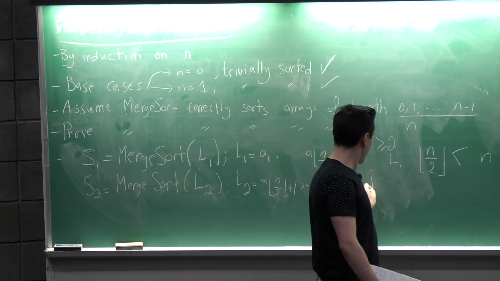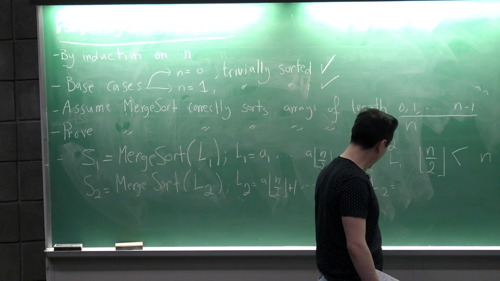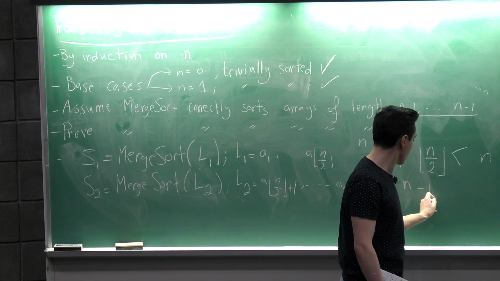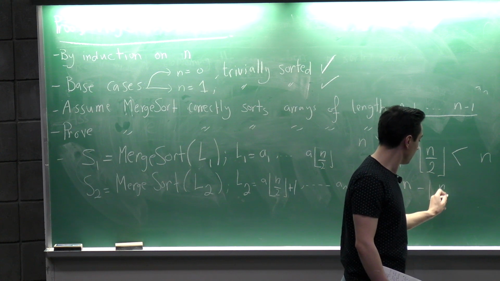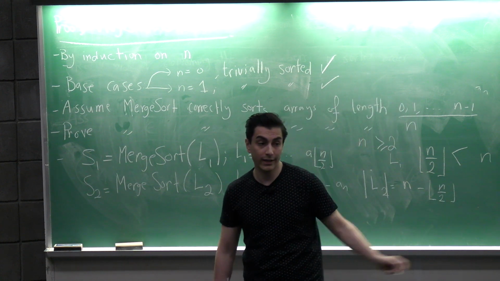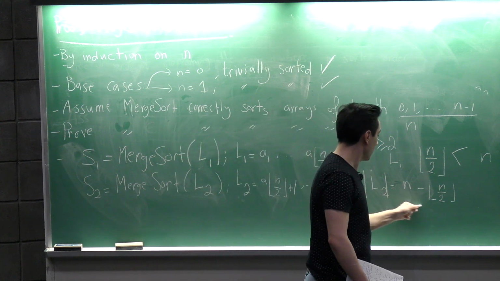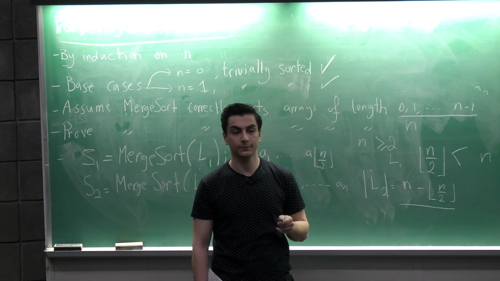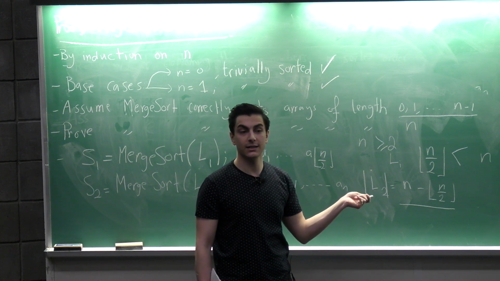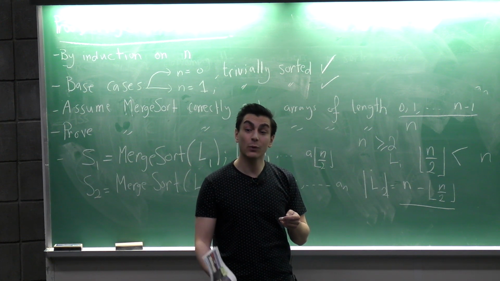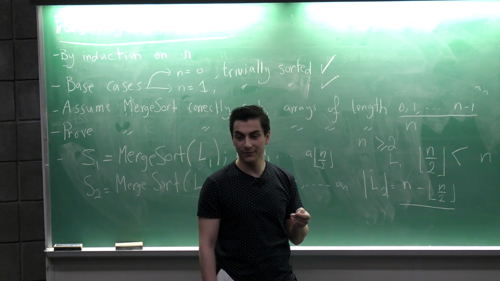Well, the length of L2 is going to be n minus floor of n over 2, right? So, how can we write this in a different way? Any ideas? n minus floor of n over 2. Half of n. But what if n is odd, right? I want an integer.